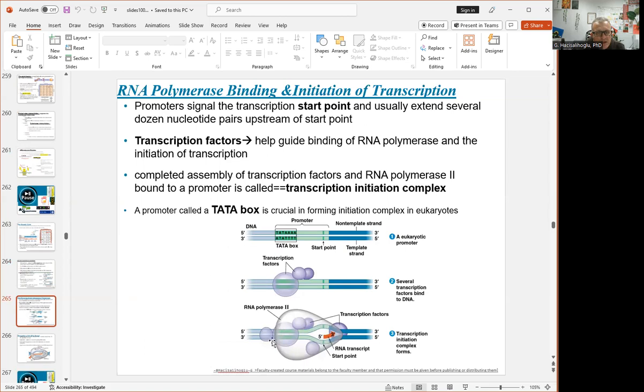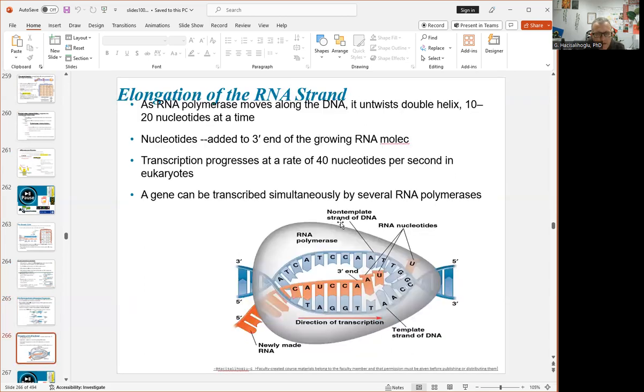You can see here, RNA polymerase is this bubble. You can see the enzyme moving slowly. But once the transcription factors give the signal, RNA polymerase starts moving. There is a region here called the promoter, which is called the TATA box, that gives the green signal.